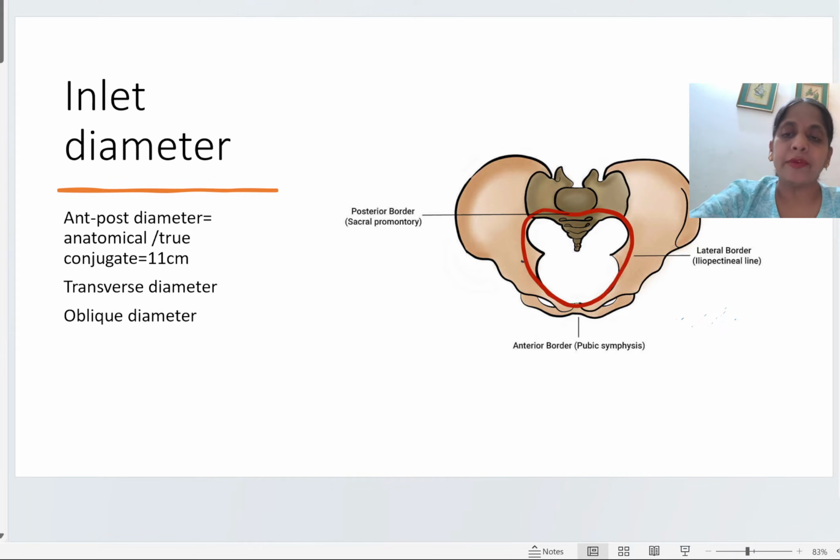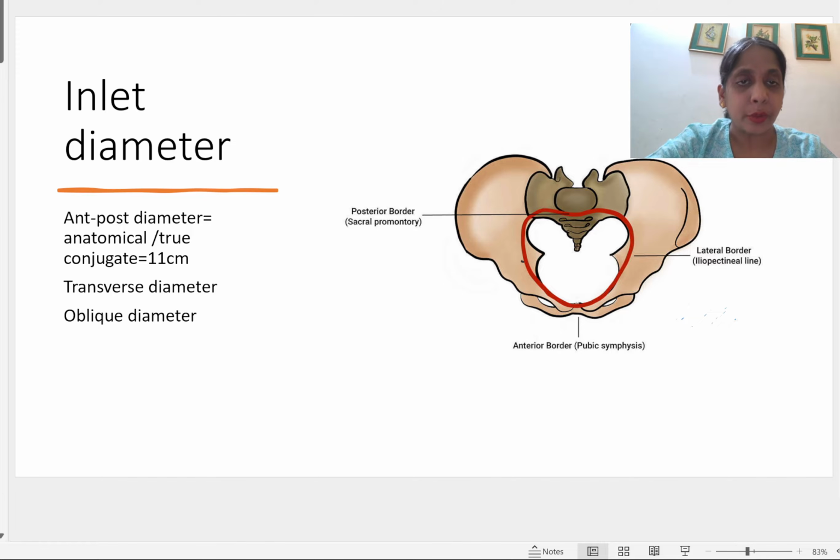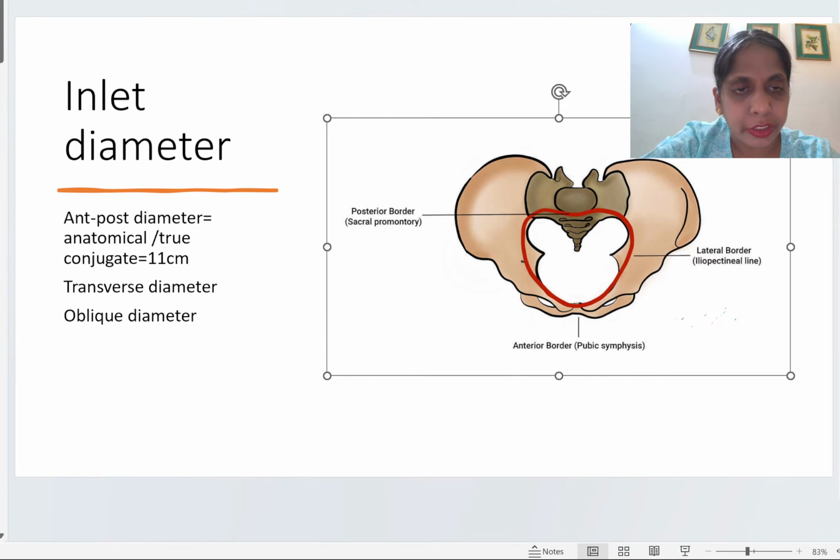Now we will see the inlet diameters. This inlet has diameters. It is somewhat circular in shape.